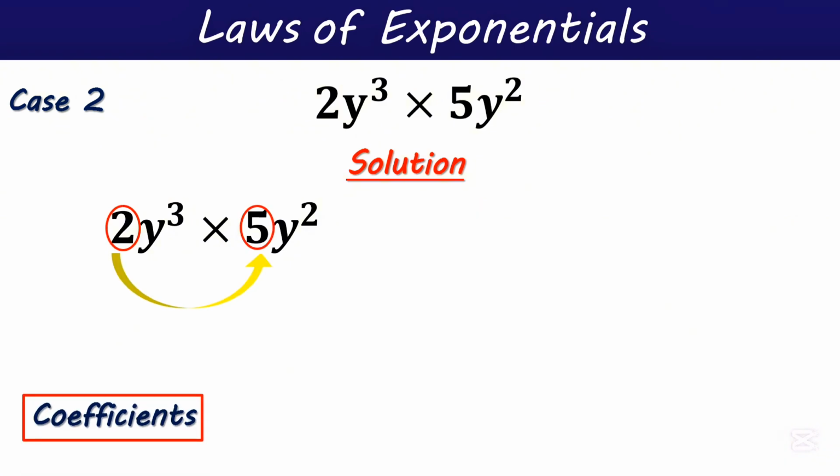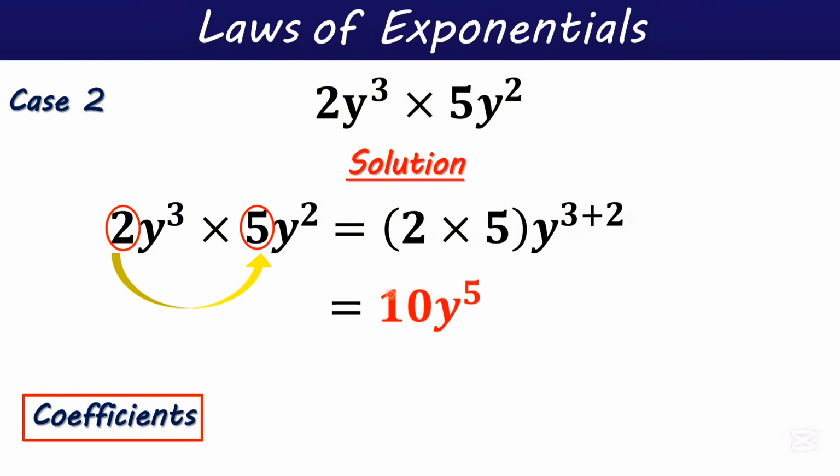So what we will do is to find the product of these coefficients, and that gives us 2 times 5 y raised to the power 3 plus 2. Since we have the same base, which is y and y, we only write one of the y and add the powers, and this gives us 10y raised to the power 5.